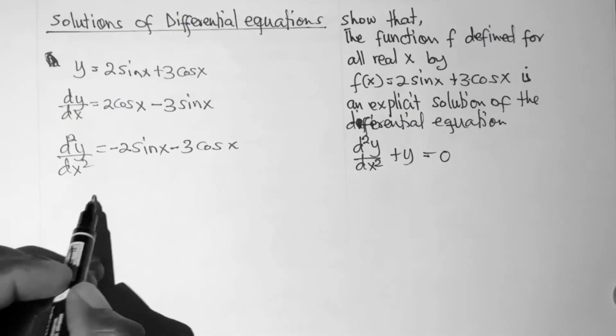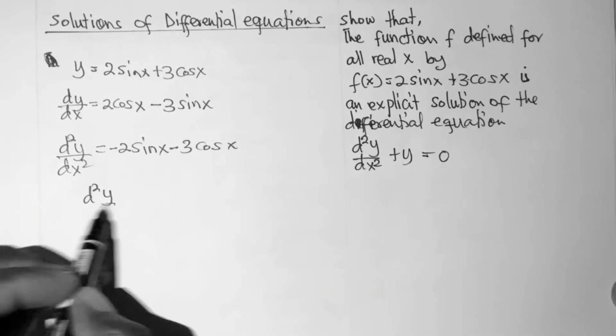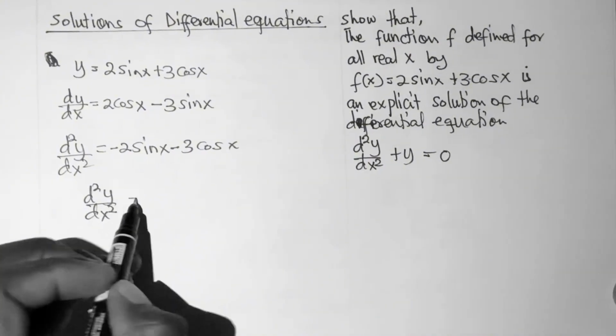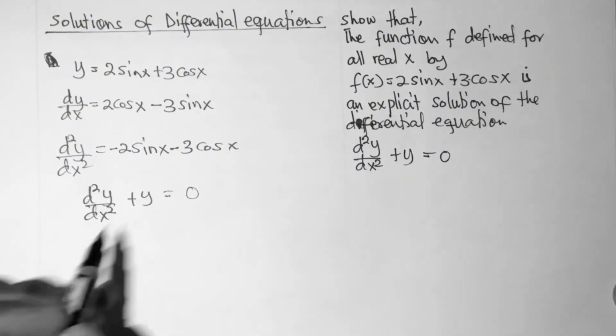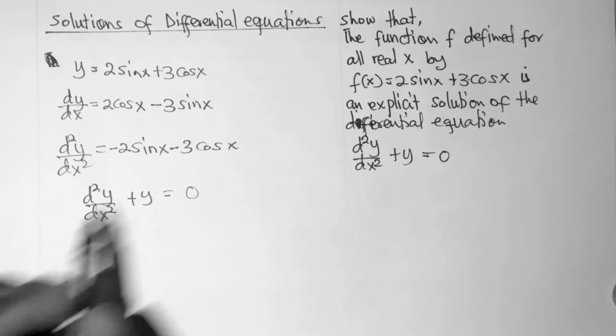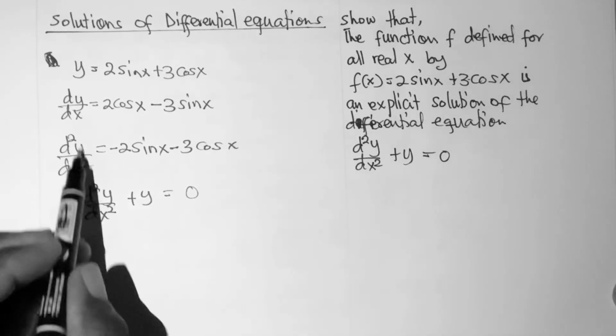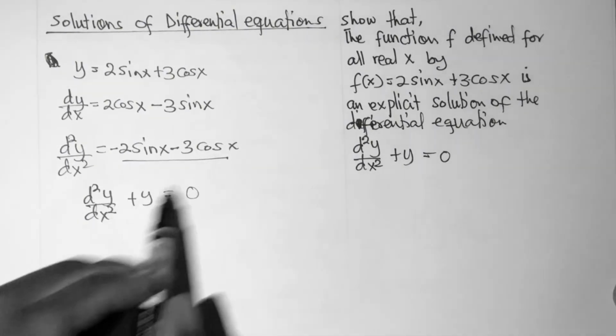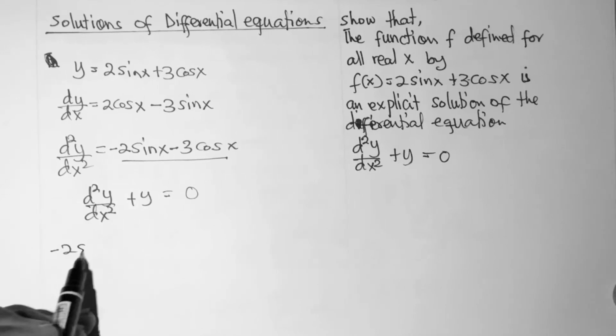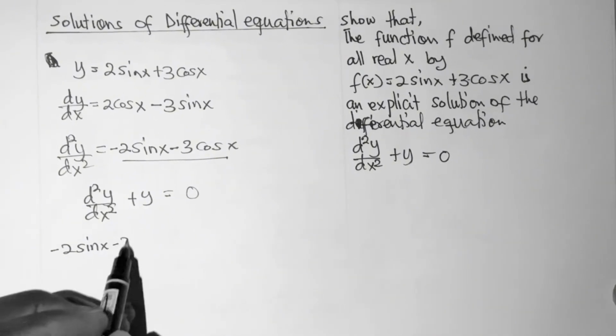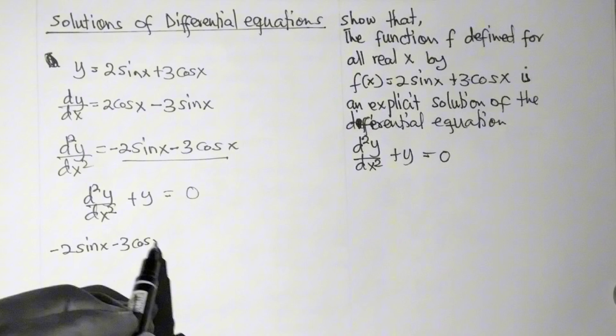Now, the differential equation is d squared y dx squared plus y is equal to 0. So let's evaluate it. We know that d squared y dx squared is all of this. So let's take this, which is minus 2 sine x minus 3 cos x.